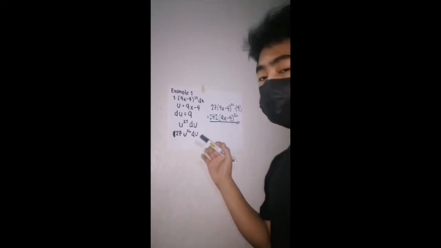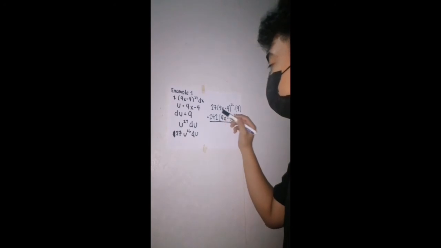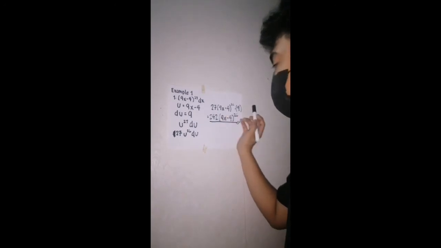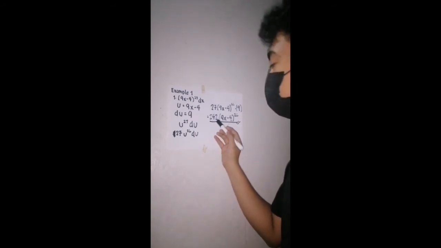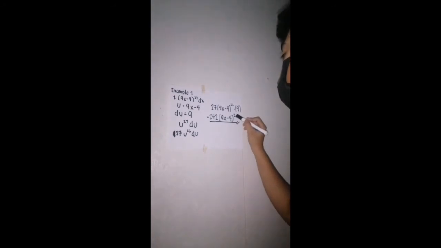So next, we're gonna substitute the value of u and du. So 27 times (9x minus 4) raised to 26 times 9. And then we're gonna multiply. 27 times 9 is equal to 243, times (9x minus 4) raised to 26.